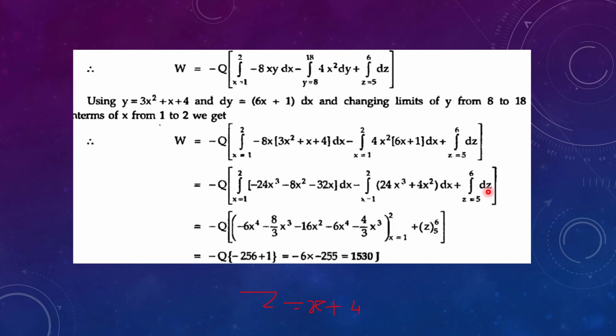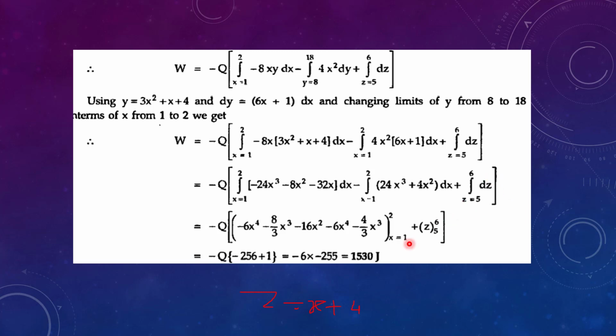So we will replace this dz by dx, and then again we have to replace the limits of z from 1 to 2, because then they will be the limits for dx, and then we'll solve and you will get the same thing. So either you can use this equation or you can skip it, because there is not much change.